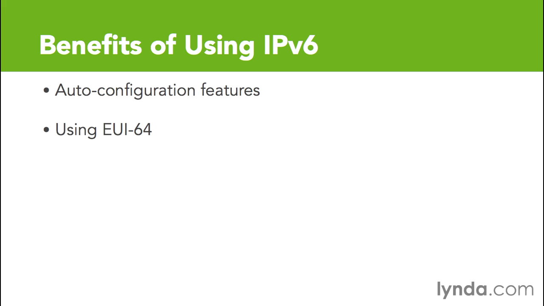But all these addresses can actually sit on one interface. So IPv6 has opened the door to a lot of brand new features that are there to make our network more efficient.